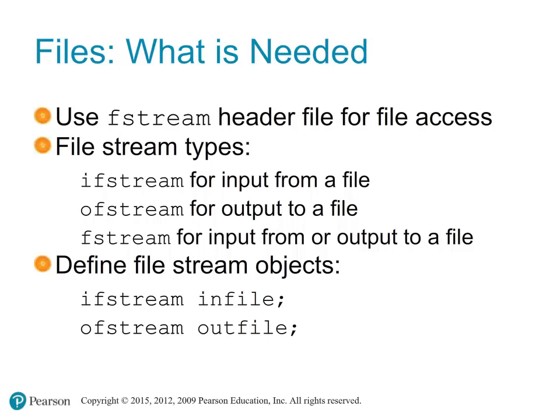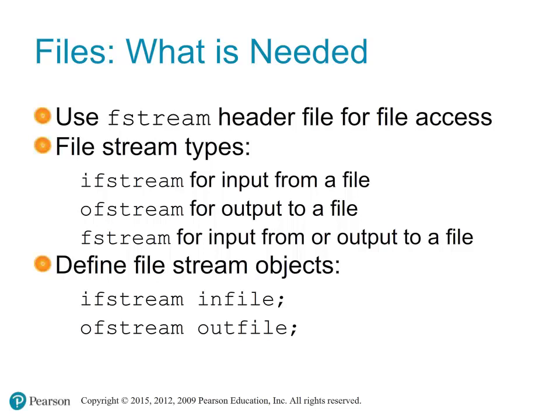Before performing file operations, you need to define file stream objects. ifstream infile; this creates an input file stream object named infile. ofstream outfile; this creates an output file stream object named outfile.